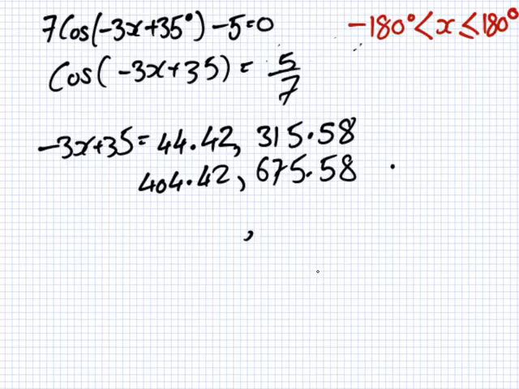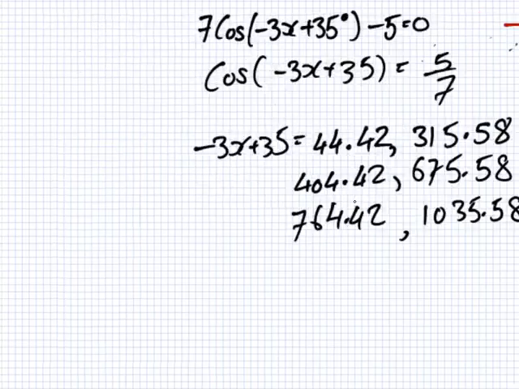So we have 404.42 plus 360. That's 764.42. And then 675.58 plus 360. That's 1035.58.